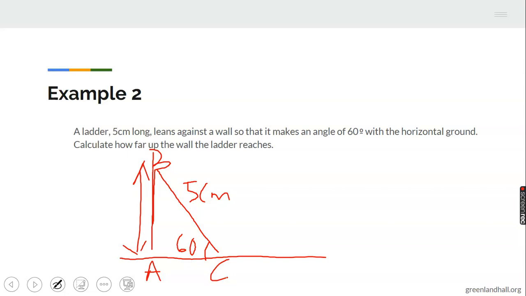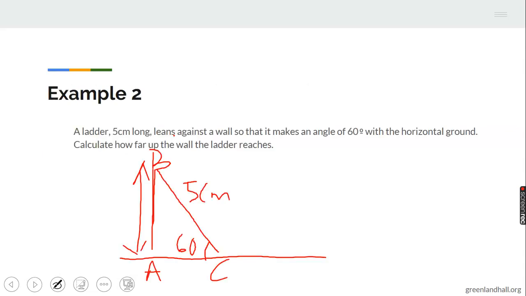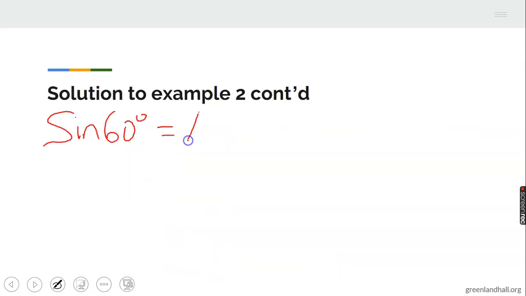Side BA. Since the angle is opposite the unknown, you are going to use sine. That is sine 60. Sine 60 equals opposite, which is AB, the unknown, over 5 centimeters.